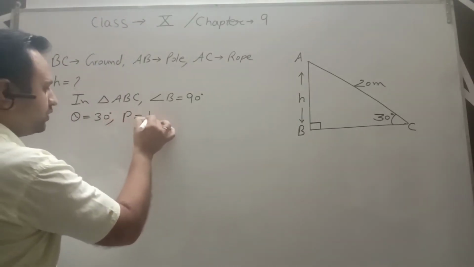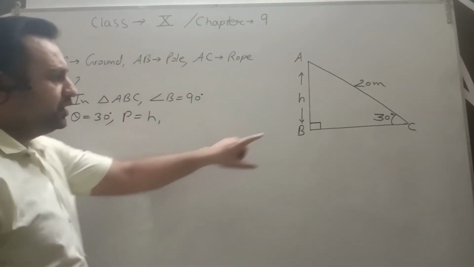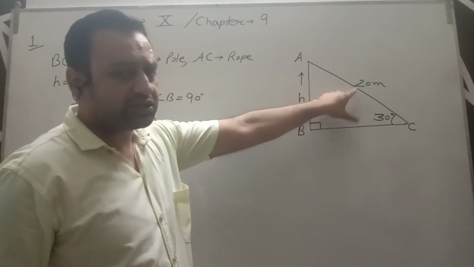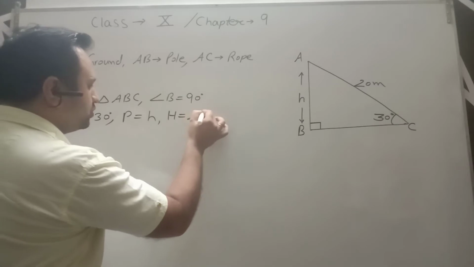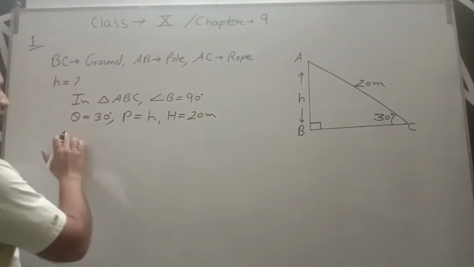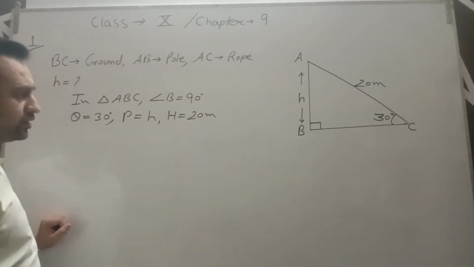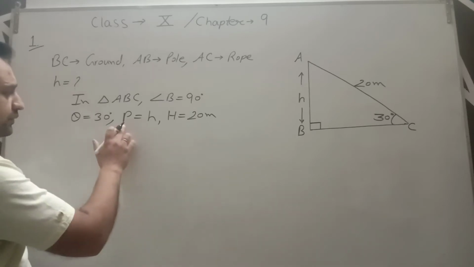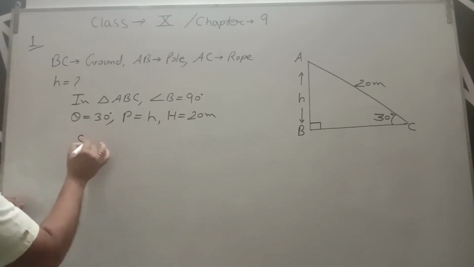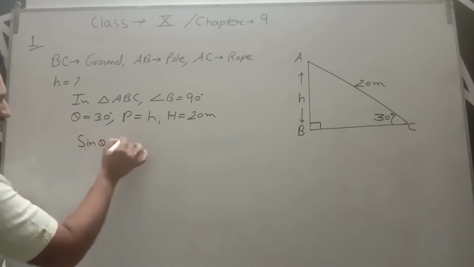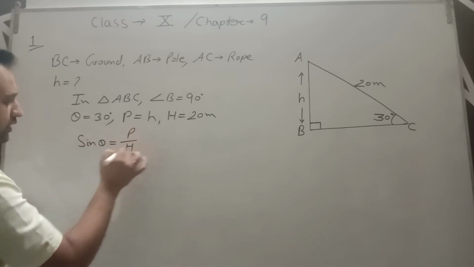So perpendicular is equal to h, and the side opposite to 90 degree is called hypotenuse. So hypotenuse is equal to 20 meter. Now we have to find a trigonometric ratio in which we consider P and H, and obviously the relation is sin theta. Sin theta is equal to P upon H.